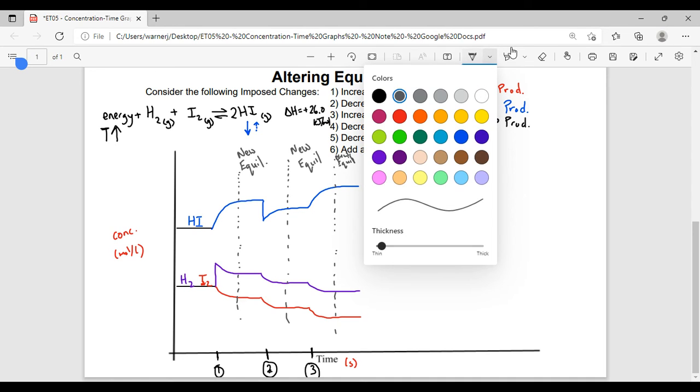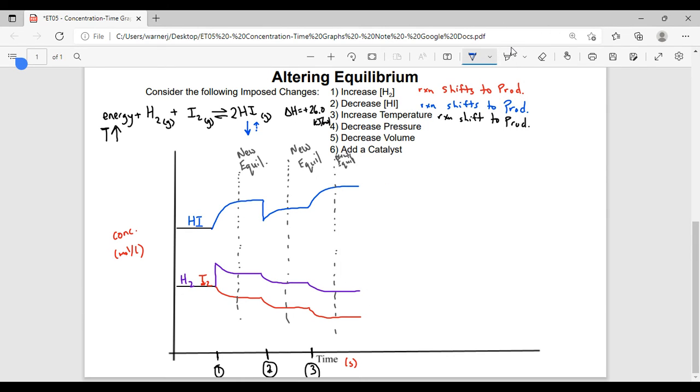Okay. Our last set of things to consider is what happens when we decrease pressure or change a volume. If you remember Le Chatelier's principle, decreasing pressure is something the system can deal with.